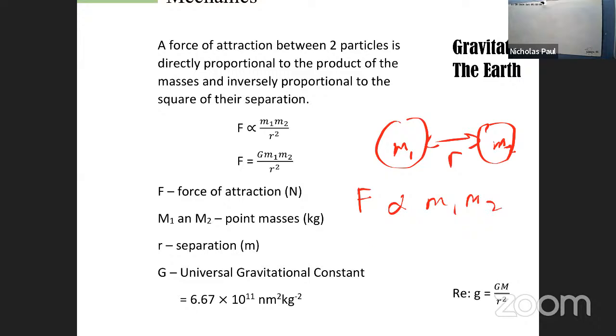And it is inversely related to the square of their separation, which basically says the further away the masses are, the smaller the force of attraction.